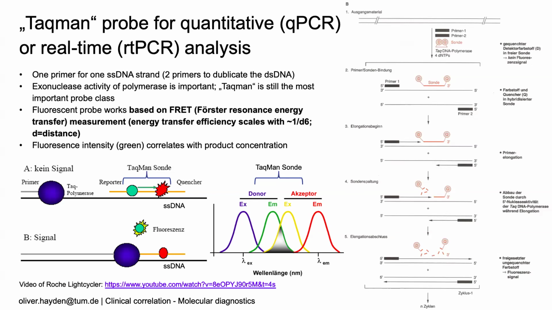When this is the polymerase and this is the primer, the polymerase walks this way and eats away anything which is in its way. This is the exonuclease activity, okay? And this feature now allows you to look into what has been amplified.